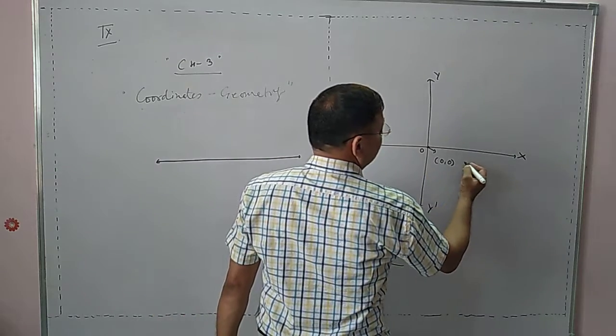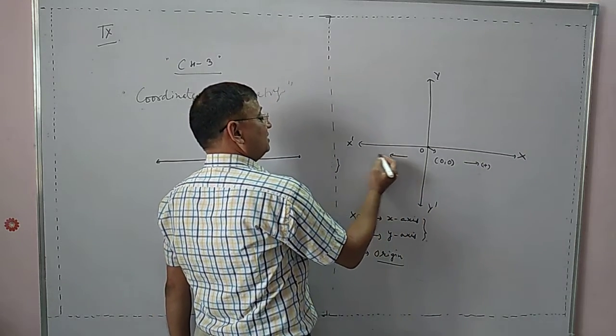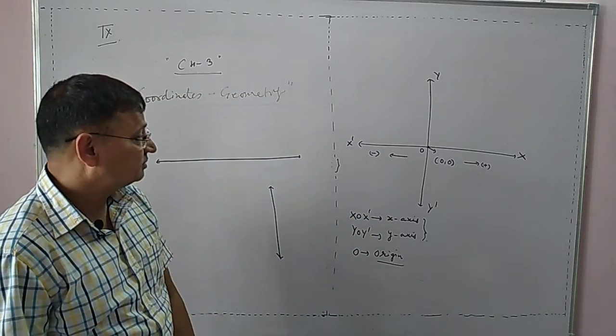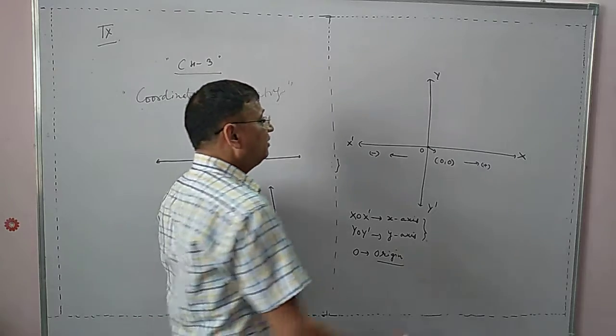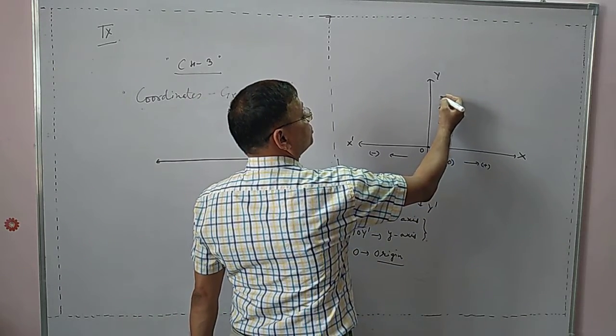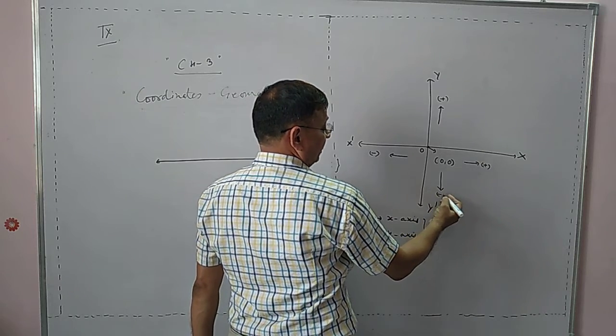This side is positive for the x-axis and this side is negative for the x-axis. Similarly, for the y-axis, upward it is the positive side and downward it is the negative side.